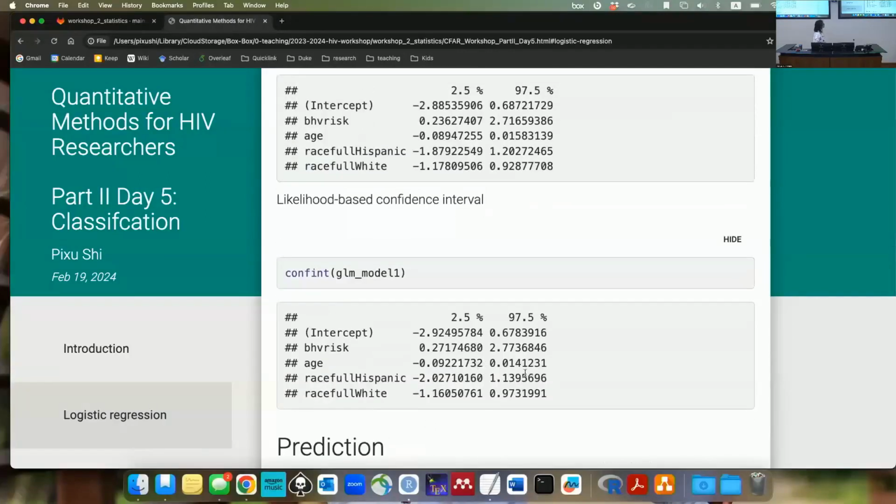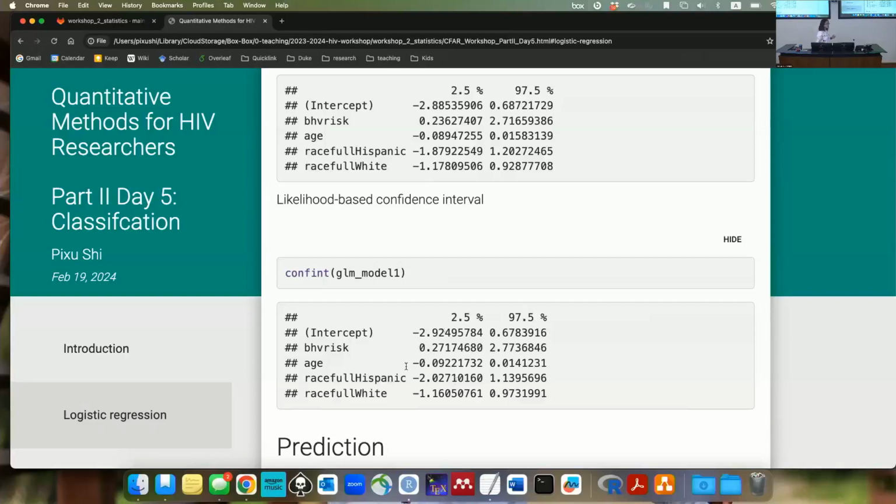And this is not going to be symmetric because for the beta that we have, if you have a symmetric confidence interval for beta, then the confidence interval for exponential of beta is actually not symmetric. And many times we are interested in the exponential of beta, not the beta itself.